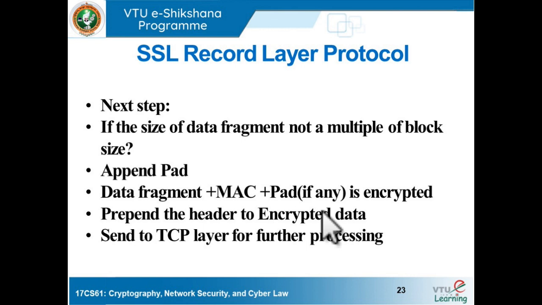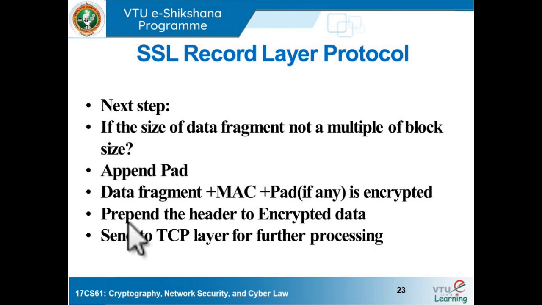This appending of bits we call padding. Now the data fragment along with the MAC and the pad, if required, is encrypted. After encryption is performed, a header is prepended to this encrypted data.